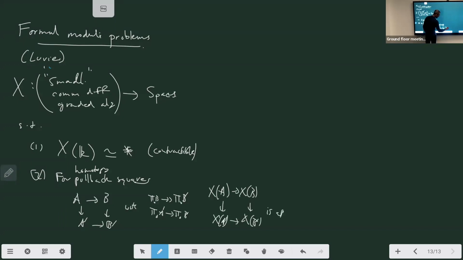And I'm just writing this definition, even if you don't know what homotopy pullback squares are, to say that the definition is extremely simple and very natural. Okay? So you have this notion of formal moduli problems.